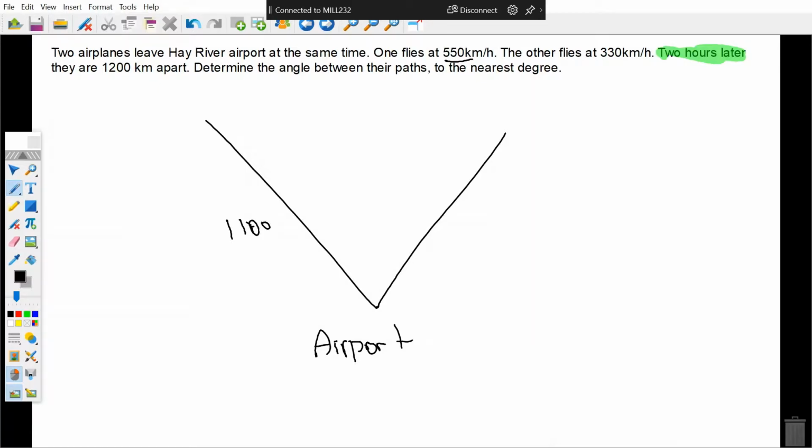This one's flying 330 for 2 hours, so that's 660 kilometers. We know after 2 hours, these planes are 1,200 kilometers apart. We're looking for the angle between their paths, which is right here. That's what we need to find, okay? Hopefully your picture looks like that. If it doesn't, you can adjust, and now you can solve the question.